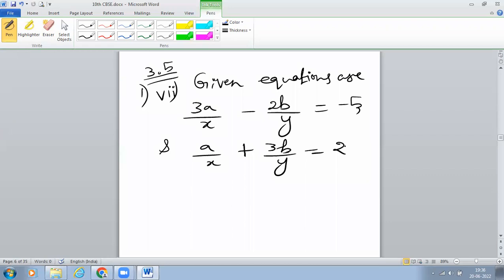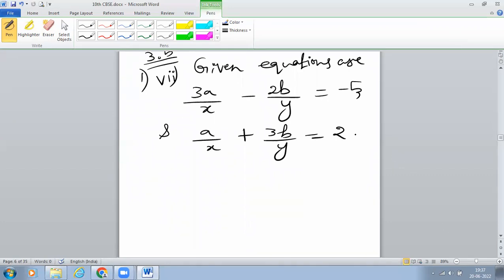Now first we are going to check whether these given equations are having unique solutions or not. So before that, see here in this given pair of equations, please answer me whether these variables are at the numerator or denominator. Denominator. Now tell me, ma, actually this given pair of linear equations is it linear or is it not?